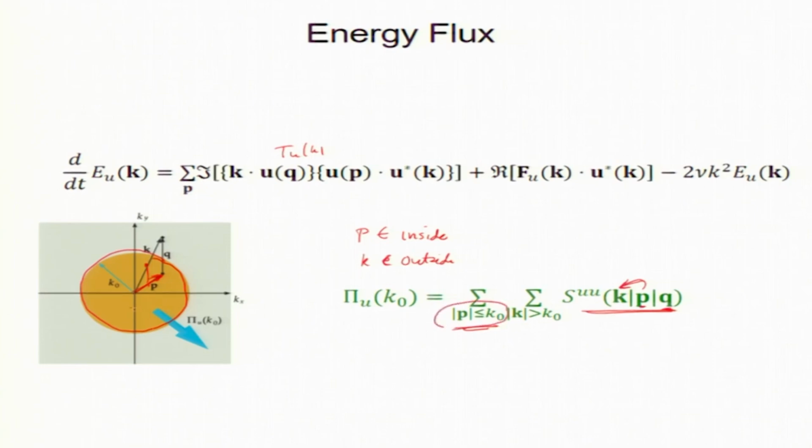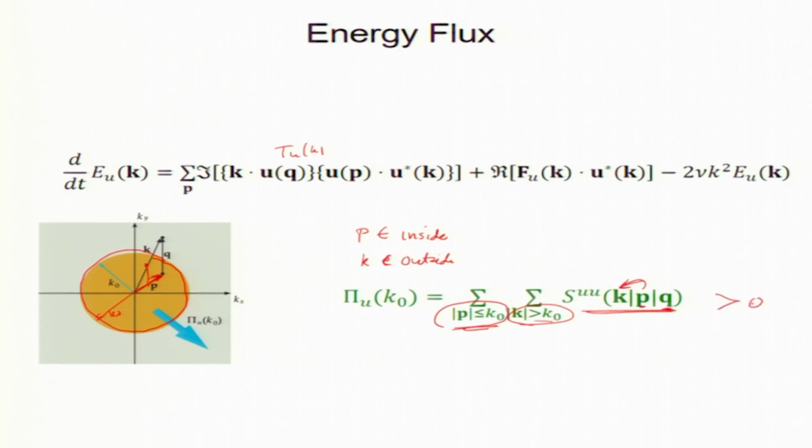The radius of the sphere is k naught. p is inside the sphere, but k is outside the sphere, k greater than k naught. So this is the flux. This is the definition of energy flux, which is energy going from modes inside the sphere to modes outside the sphere. Got it? And in 3D, this is greater than 0.